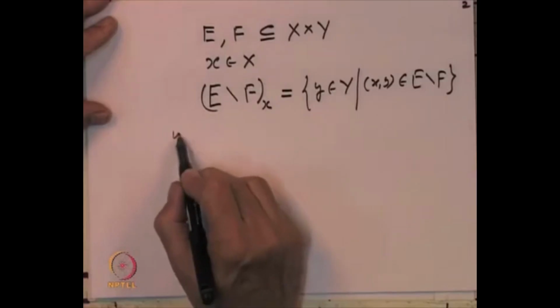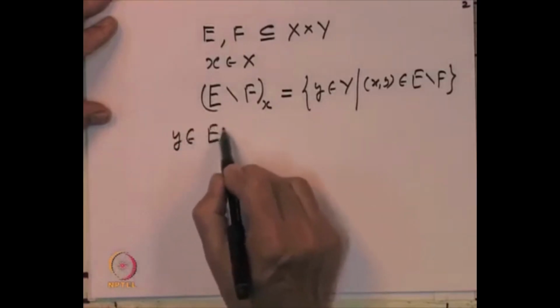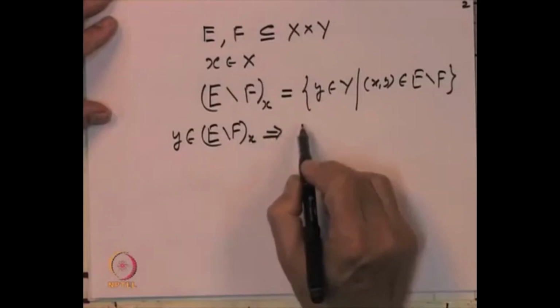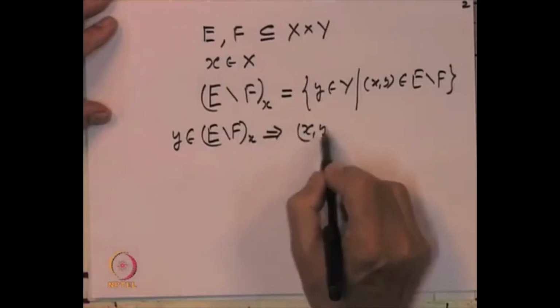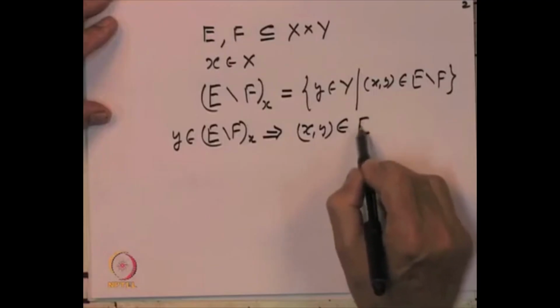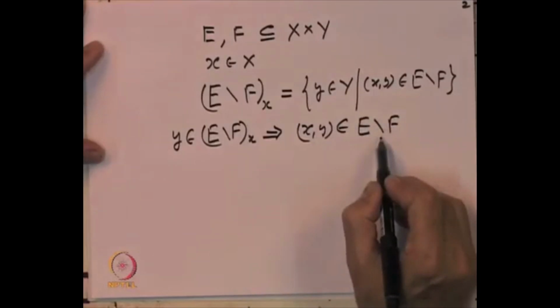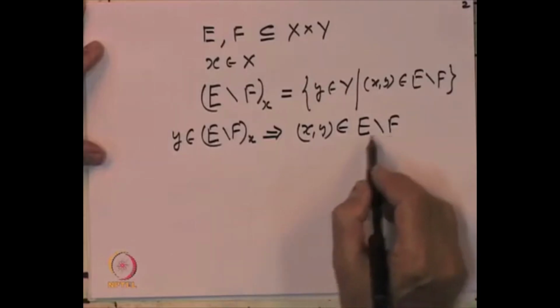So what does that mean? It means that (x, y) belongs to E minus F. But what is the meaning of saying that (x, y) belongs to E difference F?